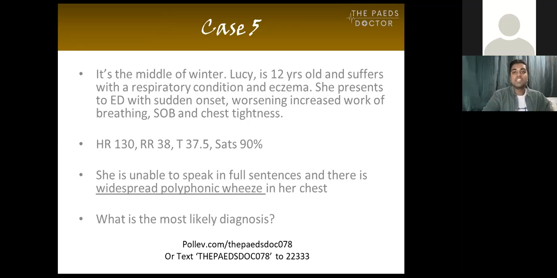From this history, this child clearly probably suffers from asthma. But the main trigger points here that you think about are sudden onset, worsening increased work of breathing with high heart rate, sats less than 92, and a widespread polyphonic wheeze.